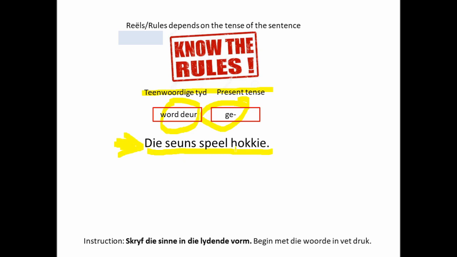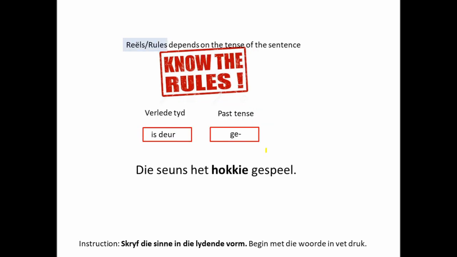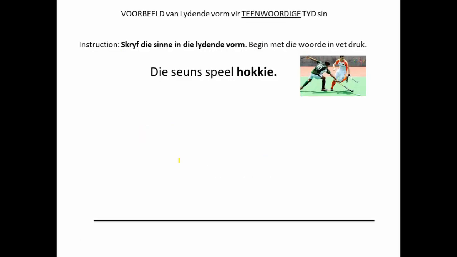The boys play hockey. You can always come back to this page to check the rules, write it down so that you can learn it in the future. Let's go into this in a little bit more detail. Remember, if I'm going too fast for you, you can always rewind the video, listen to it again, make some notes on a piece of paper so that you can follow the rules and learn it.